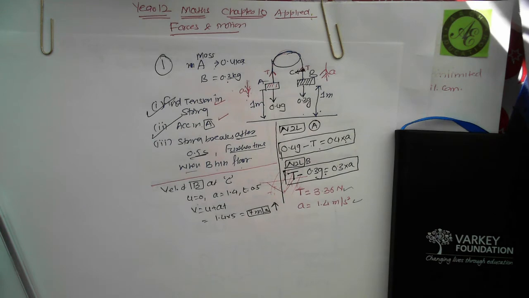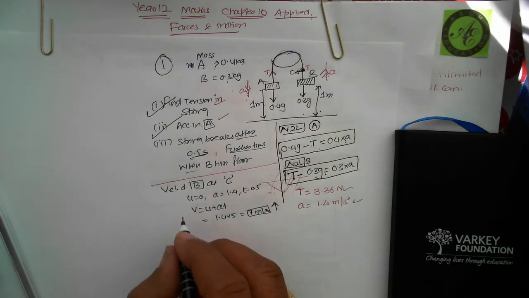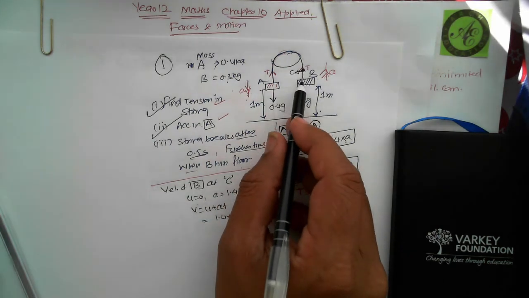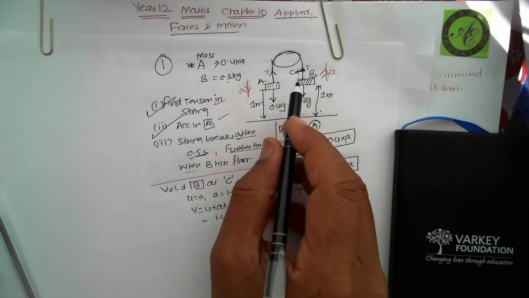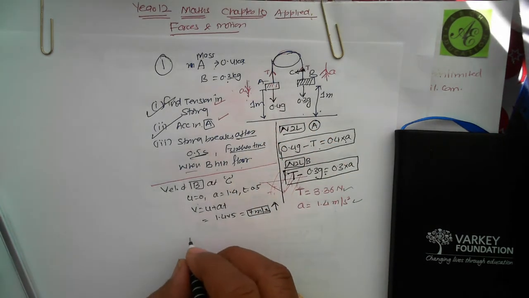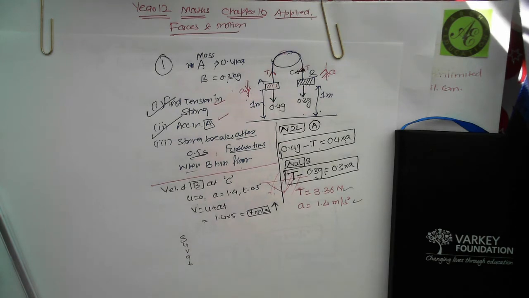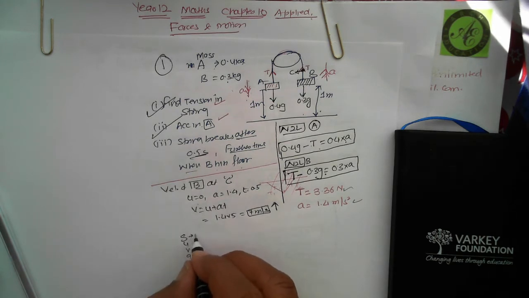Second step, can we find how much distance it has traveled in this time? How do you find the distance? Let's do UVAT again. u is 0, v we found already is 7, and t is 0.5.